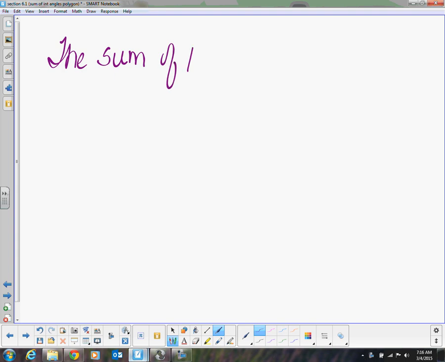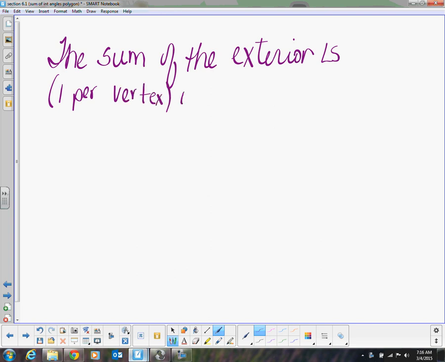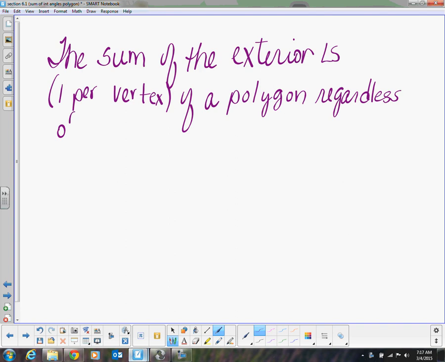The sum of the exterior angles, and this is important, one per vertex of a polygon, regardless of the number of sides, is always 360. That was one of your bonus questions.